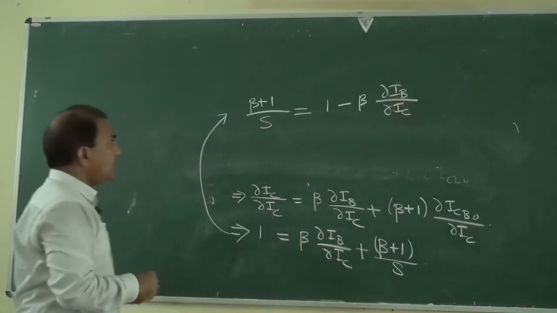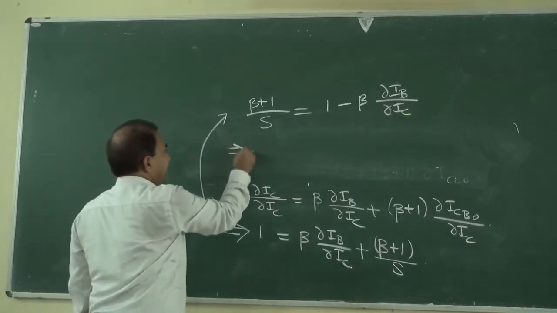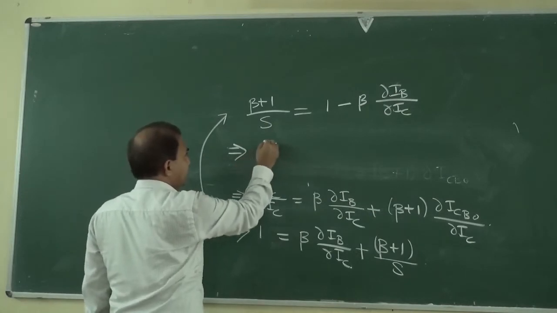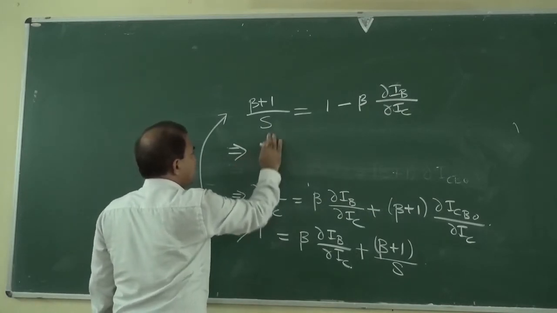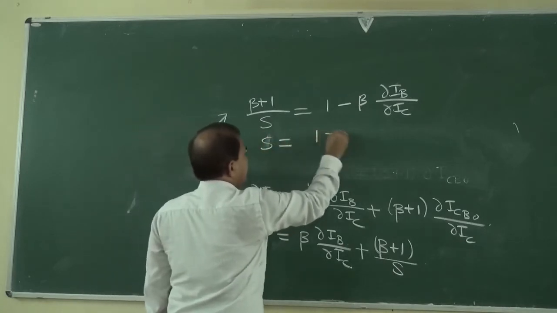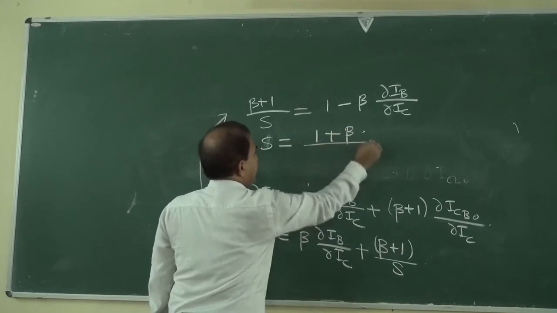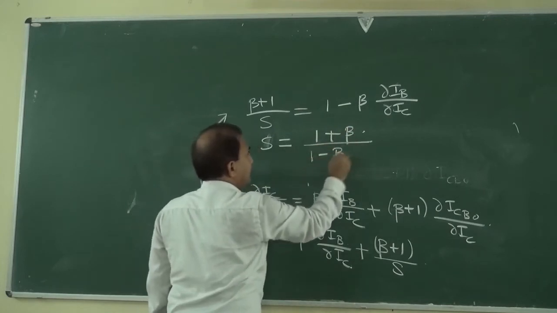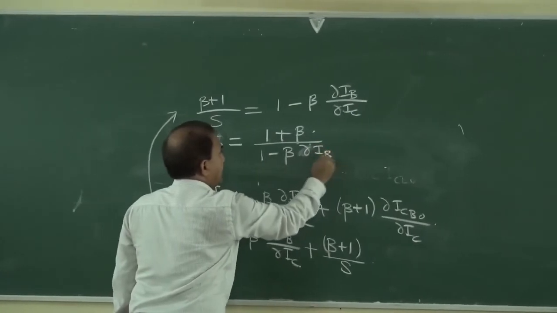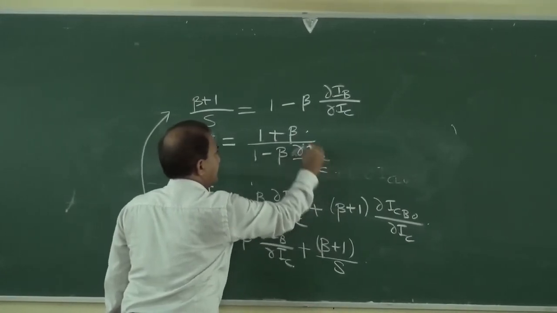Now how can we write down the stability factor? The stability factor is equal to 1 plus beta divided by 1 minus beta into del IB by del IC.